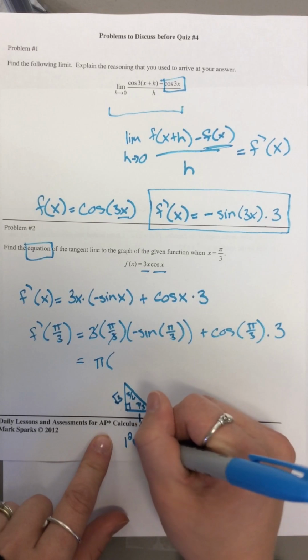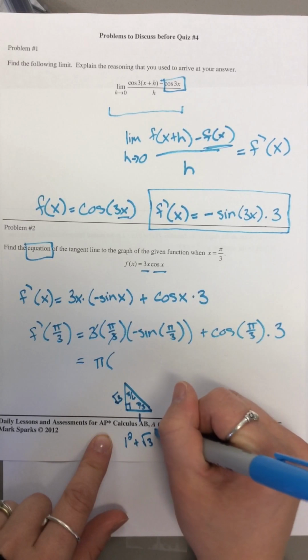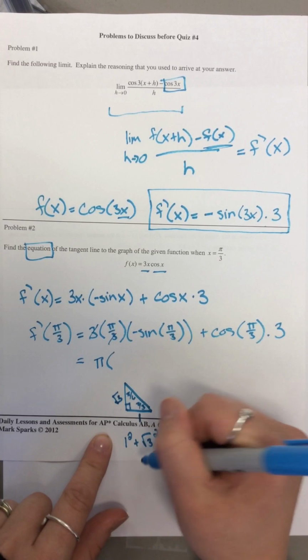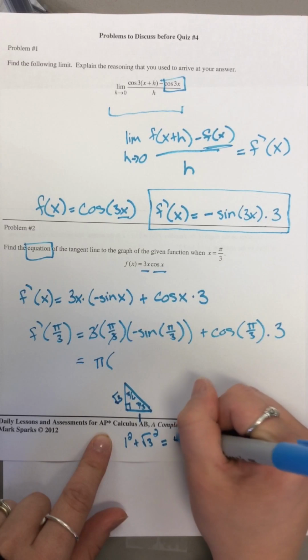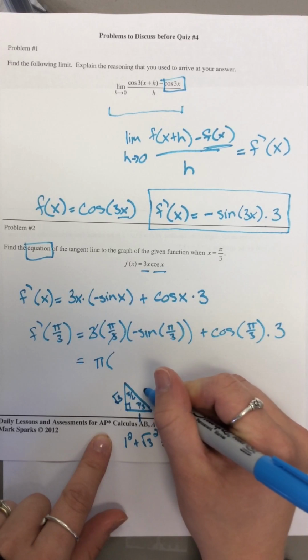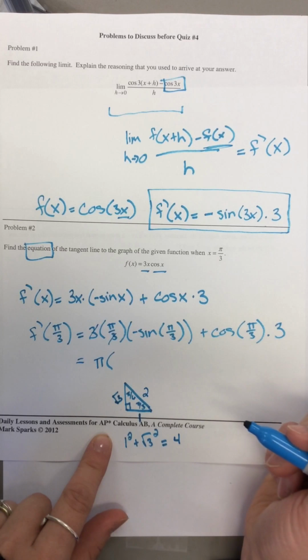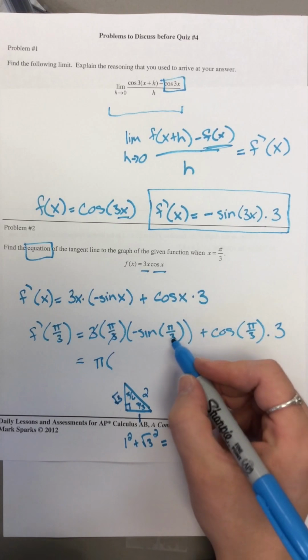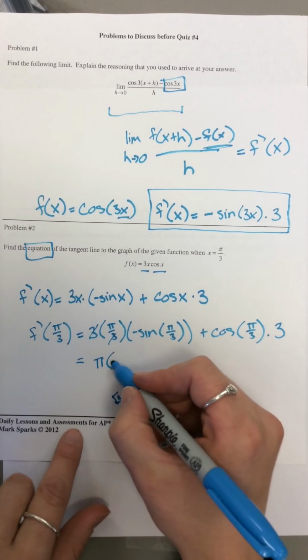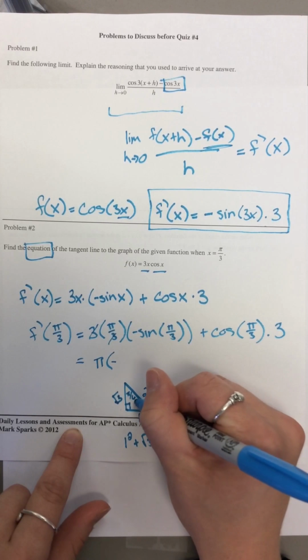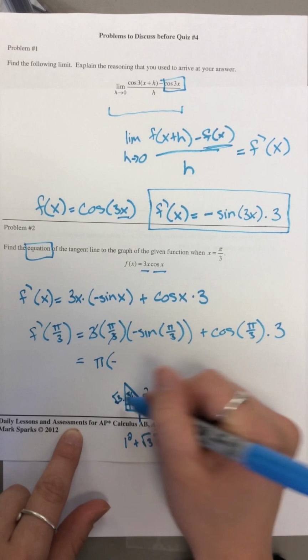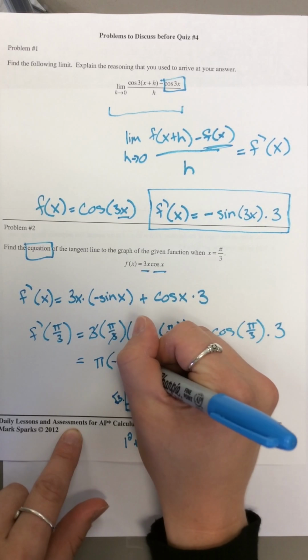And by the Pythagorean theorem, even if you can't remember anything else, 1 squared is 1, plus the square root of 3 squared is 3, so this would be 4, right? Square root of 4 is 2. So if I want to know the sine of pi over 3, it's still going to be negative. Pi over 3 is in the first quadrant. So sine is going to be opposite over hypotenuse.